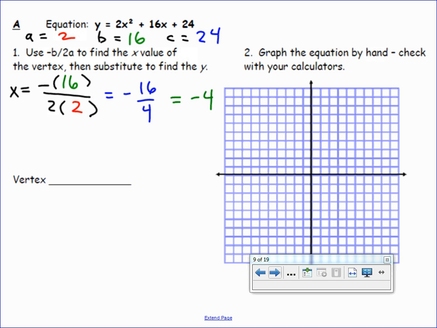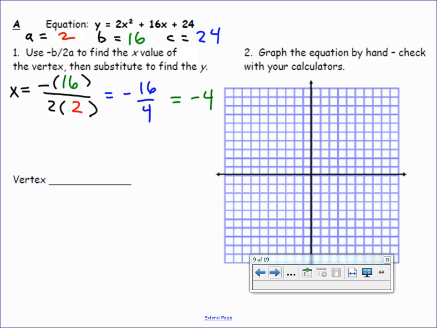So it looks like my parabola has been shifted to the left 4 units, right? I'm going to make my picture over here. Now, how do I find the y coordinate of the vertex? This is what you're going to have to do with your group for each problem, B, C, and D. Once I know the x coordinate of the vertex, I'll simply plug it into my original equation, my function rule, and evaluate to generate the corresponding y coordinate, and then write that as a point x comma y.